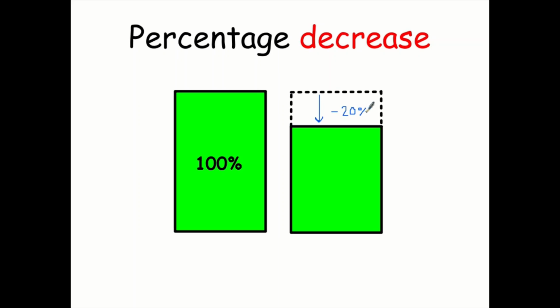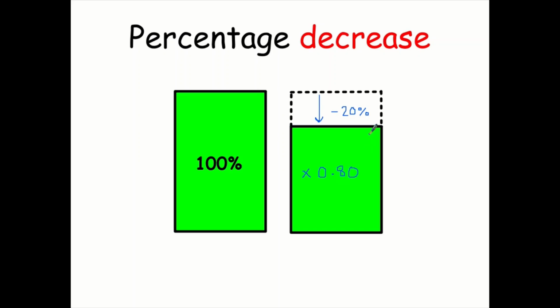Well, what does that actually mean you are left with? You are left with 80%. So you're going to multiply by what you have left, because if you're doing a 20% decrease, you want 80% of your original amount.